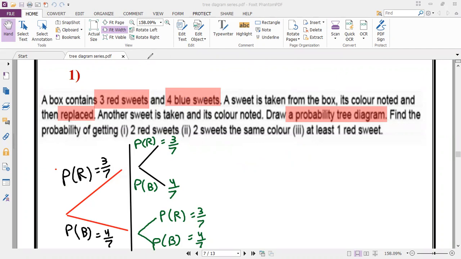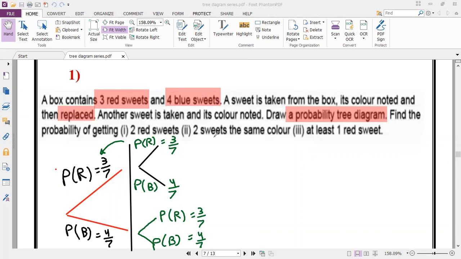Because we have 3 chances out of 7 of getting the first red sweet. For the second one, we also have 3 out of 7 of the first one. To get a red sweet for the second time, it's 3 chances of 7, 3/7 of what? Of the first probability. So in this case, we are going to multiply them.